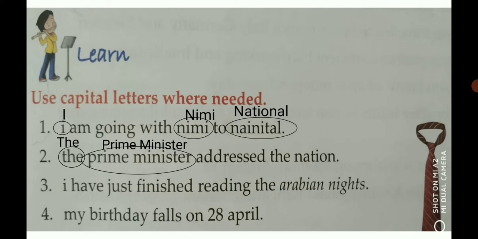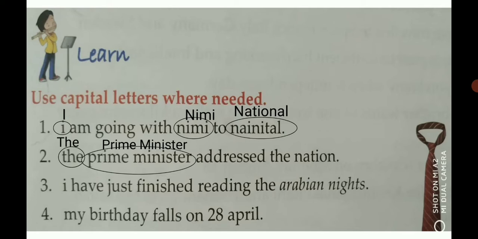What is the first letter of the first word? It is I, so we will write I as a capital letter. Then, yes, the Arabian Nights. What is Arabian Nights? It is the name of a storybook. That's why we write T of The, A of Arabian, and N of Nights as capital letters.